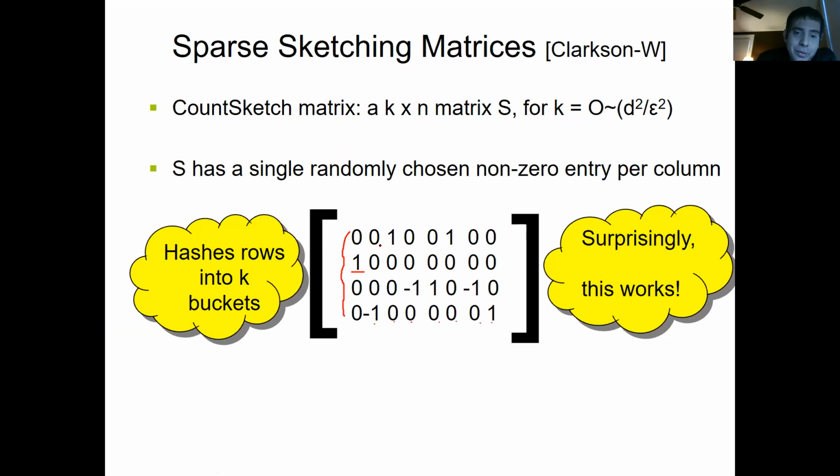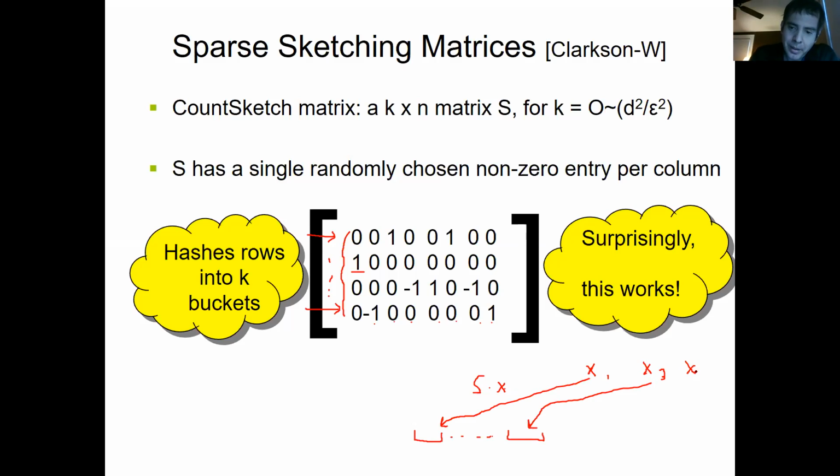And one way to sort of visualize what this matrix is doing is when you apply it to a vector. If I compute S times a vector, well, you can think of the rows of S as k hash buckets. Okay, and so what's really happening is you're taking the coordinates of x. It's an n-dimensional vector, and maybe the first coordinate goes to this hash bucket, the second coordinate goes to some other hash bucket, and so on.